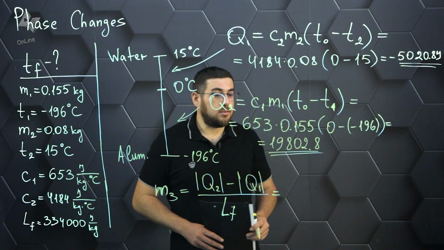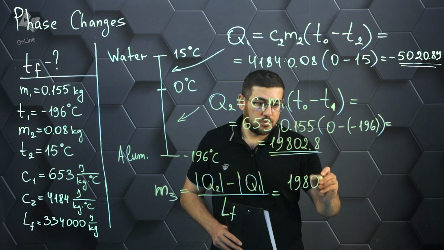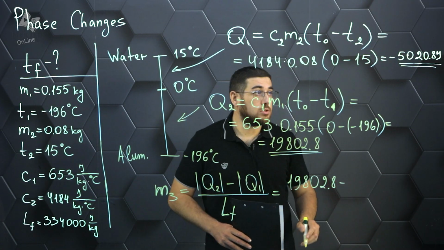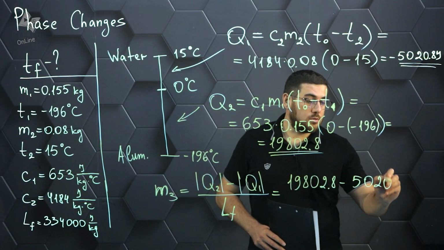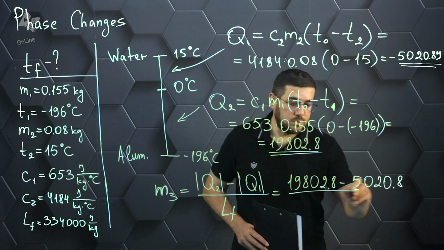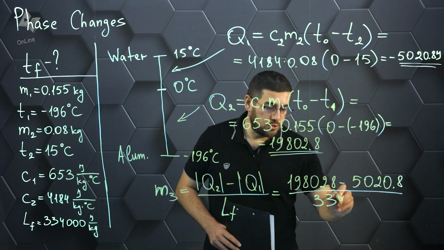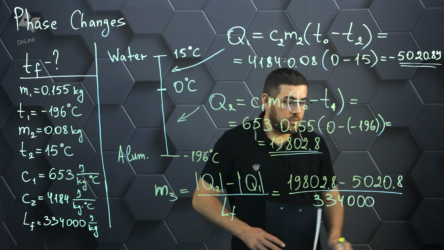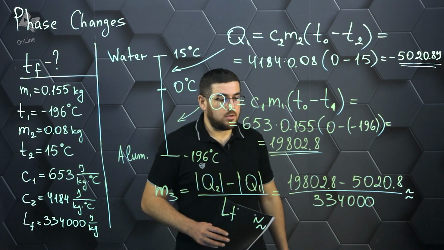So let's calculate an approximate value. In this calculation, we first take the value of 19,800 and then we multiply that number by 2.8. After that, we subtract the result of 5,000 multiplied by 20.8. This entire expression, the result of the subtraction, is then divided by the specific latent heat of fusion, which in this particular case is a value equal to 334,000 joules per kilogram.